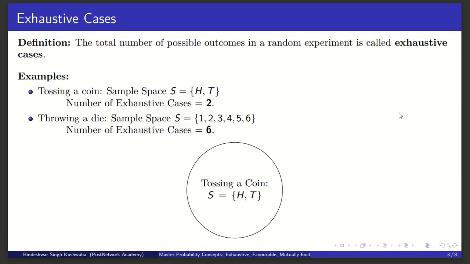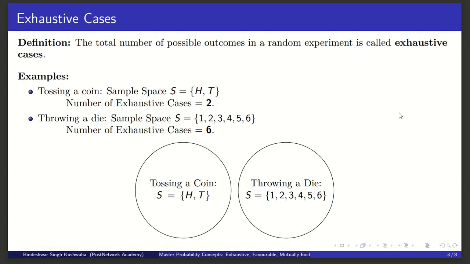If you are throwing a die, the sample space would be 1, 2, 3, 4, 5 and 6. So the number of exhaustive cases is 6. If you are throwing a die in a game of Ludo, there would be 6 cases, so the number of exhaustive cases is 6.